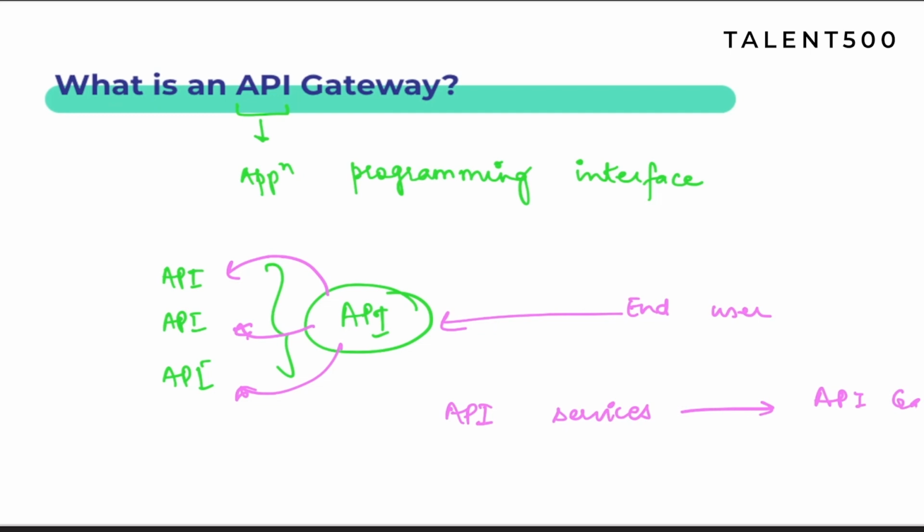Your API gateway. And what are all those services we have here? Statistics, rate limiting, and lastly, user authentication.